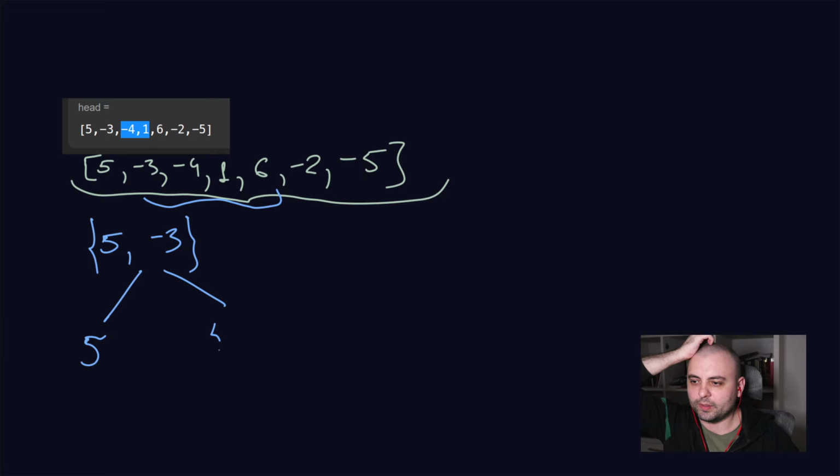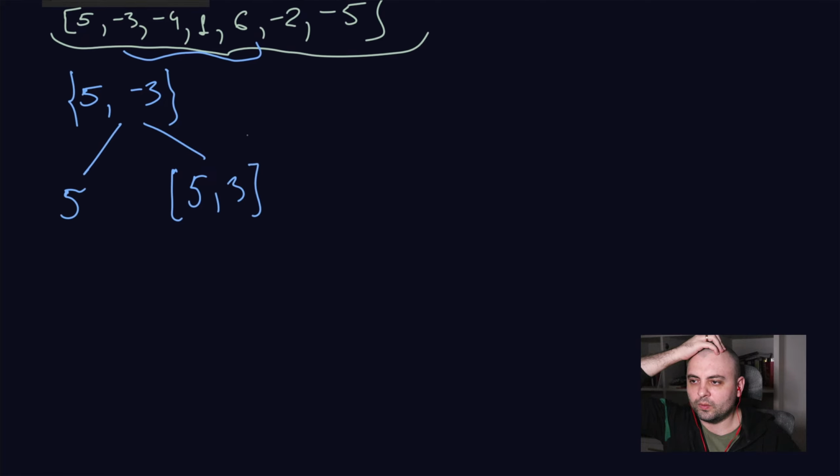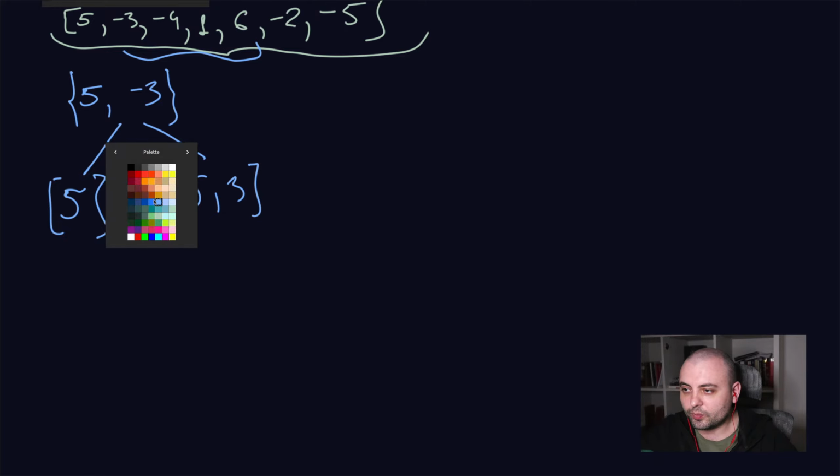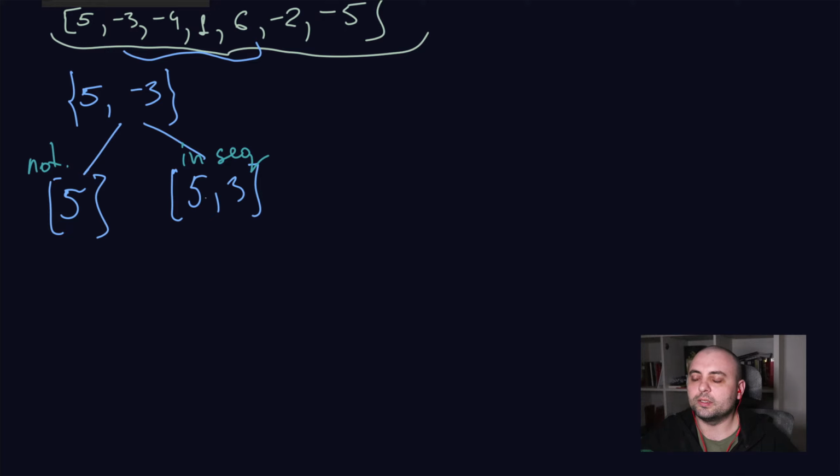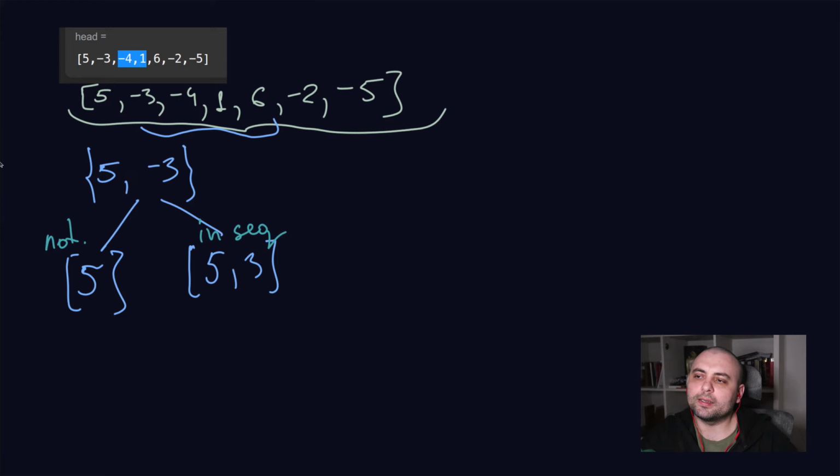So either we have 5 and 3 already, or just 5, because -3 would be part of the sequence. So probably I need to mark them as not in a sequence, but here in a sequence. No, I feel like it should be something easier.